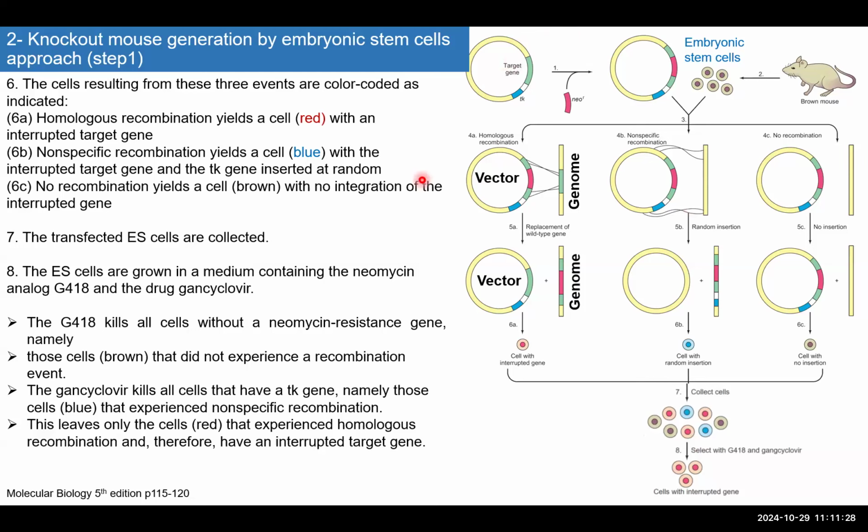It seems that this slide has been duplicated, but again, I'm repeating myself with the same information. So the vector, the genome, and then we will have the end product, which would be the cells containing the neomycin cassette only.